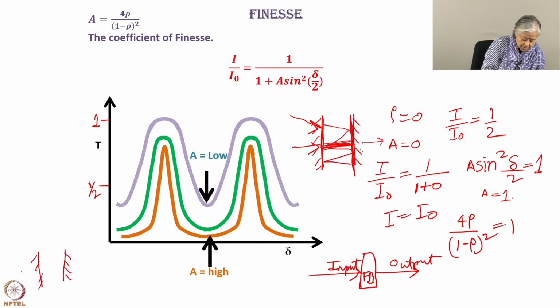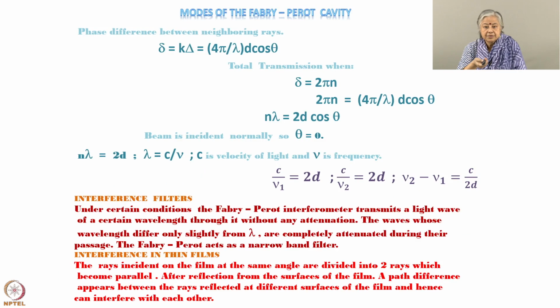So that theta part I can eliminate. Theta is equal to 0, which means cos theta is 1, so n lambda is equal to 2d.